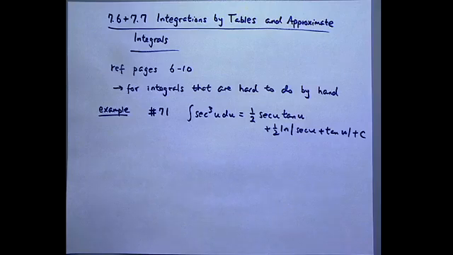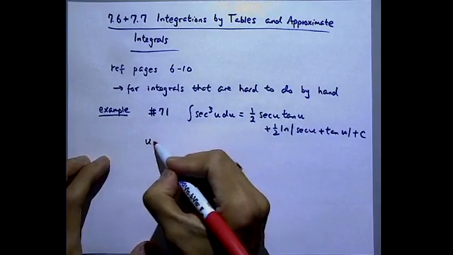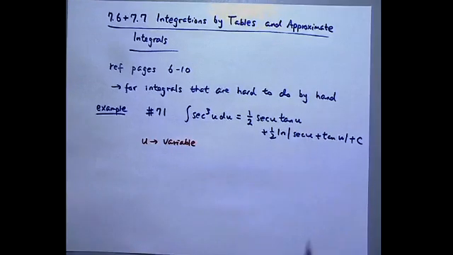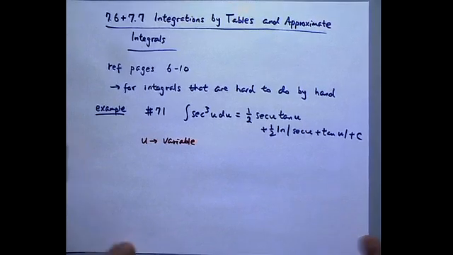And the nice thing about these entries in the table is that u here is a variable, and it could be anything. It could be an x. It could be something more complicated than x.